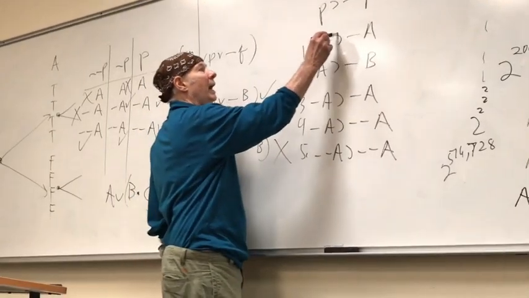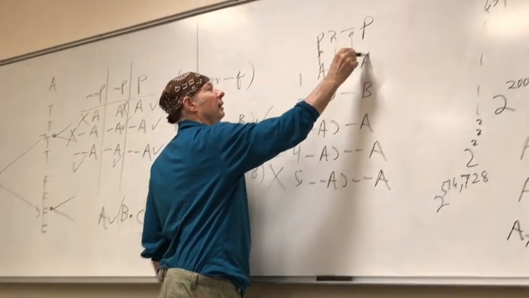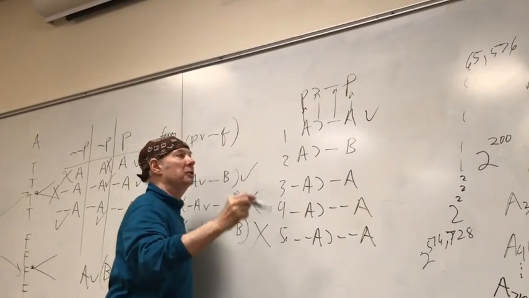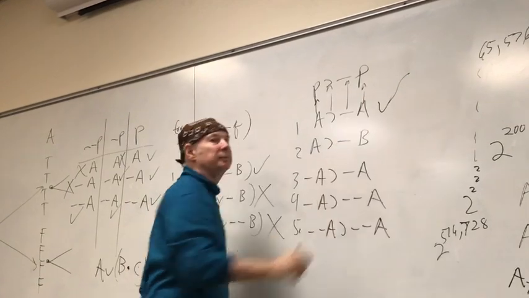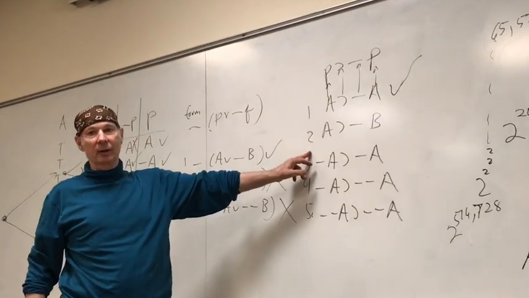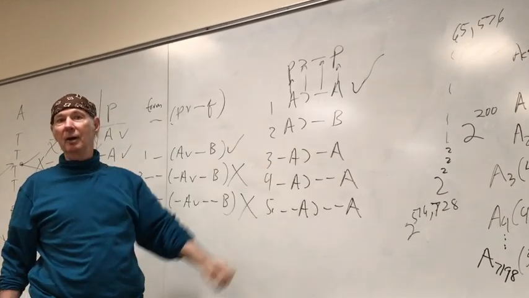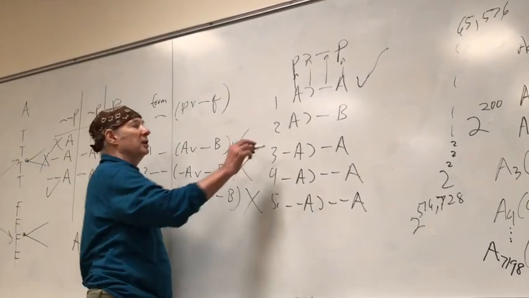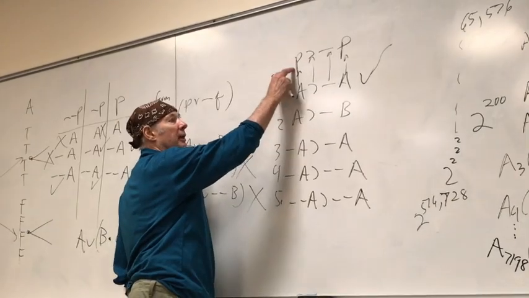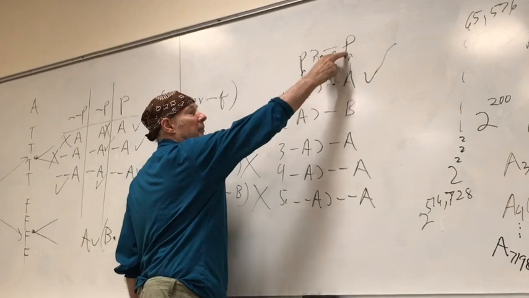So that matches, A into P, A into P, that's good. Number 2, is that a substitution instance of that form? No, because A goes into P, and you'll have to have an A over here for that, but you don't.